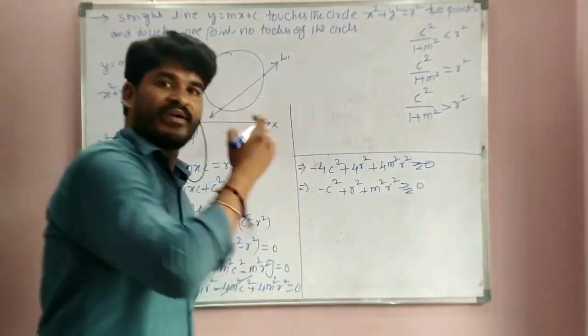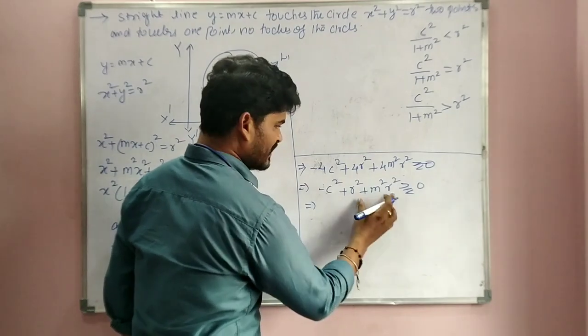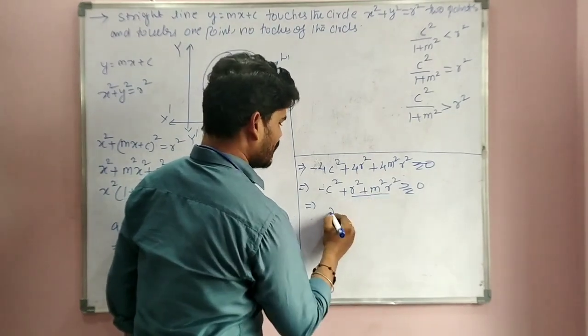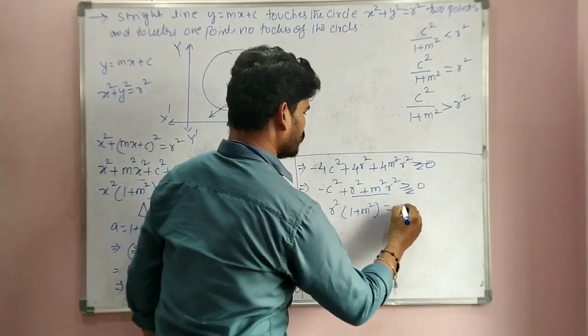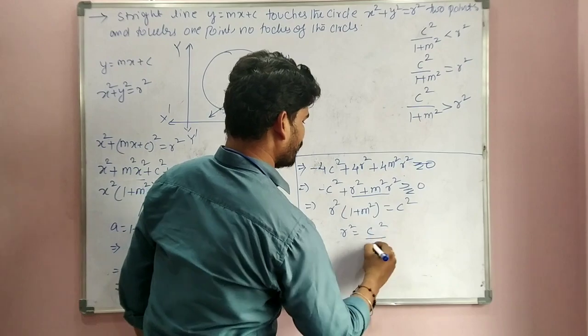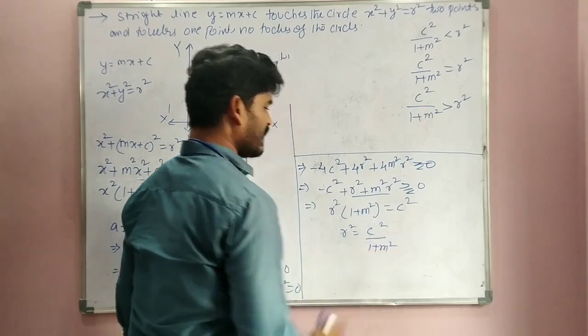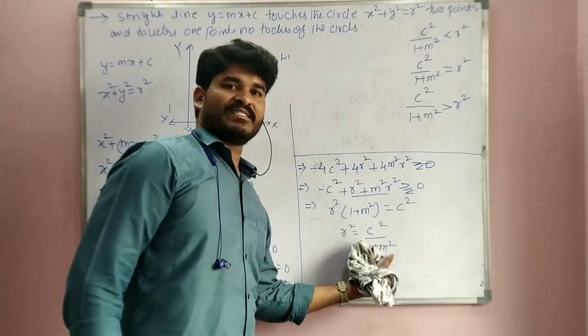Here this minus c square is transferred to that side as positive. In these two terms, what is common? r square is common. We will get r square (1 plus m square) is equal to c square. Therefore r square is equal to c square divided by 1 plus m square. r square is equal to c square divided by 1 plus m square.